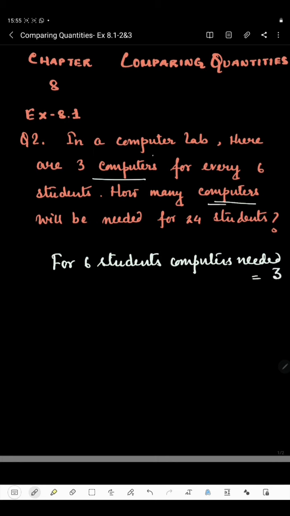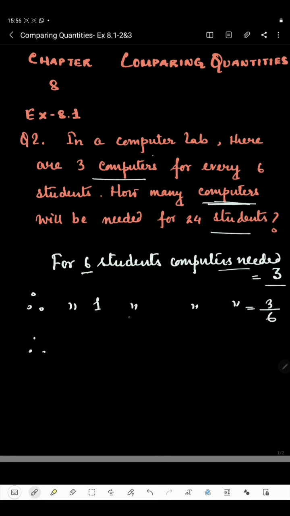Here we have to find the number of computers, so computers will be on the right side. Now we will have to find for 1 student. So for 1 student, computers needed will be 3 by 6. This will go down. Now we will have to find for 24 students.